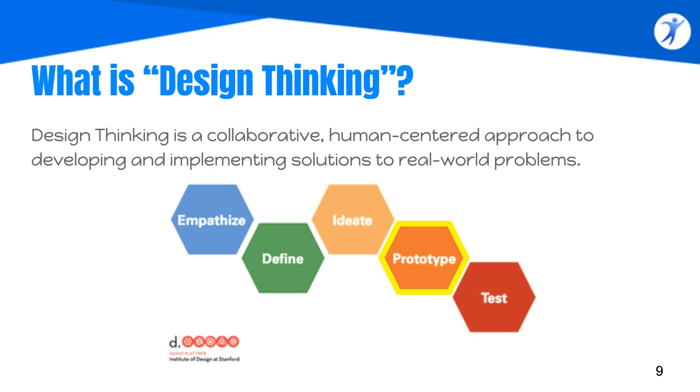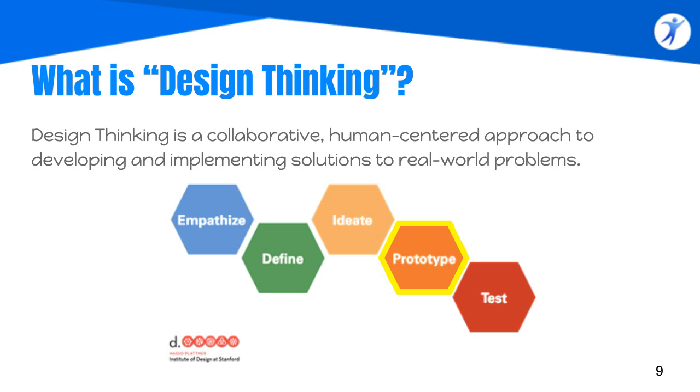Because after that, then we get to the point where we want to prototype. We want to start building live models that we can use. We want to really start trying things and trying them in safe and small ways even to start with. But that helps us gain even more information, especially from those users that we focused on back at the empathy stage to make sure that the solution solves their problem and their issues.